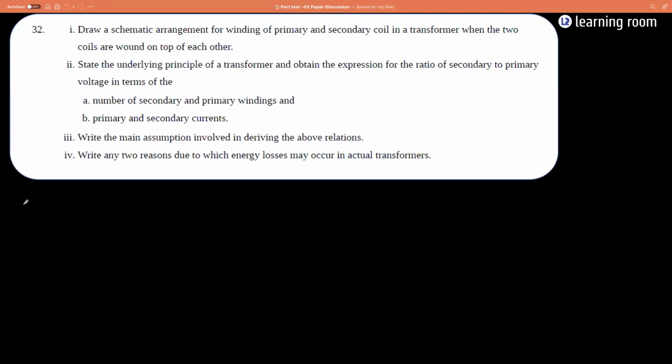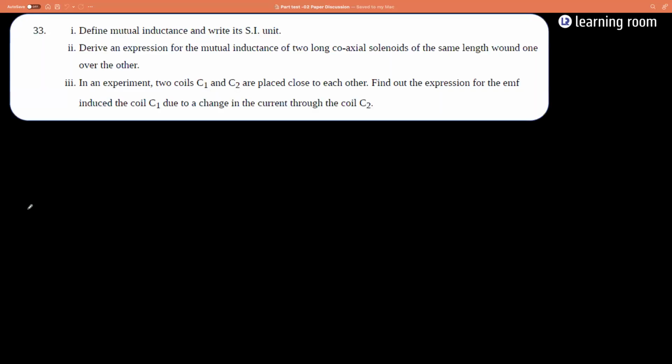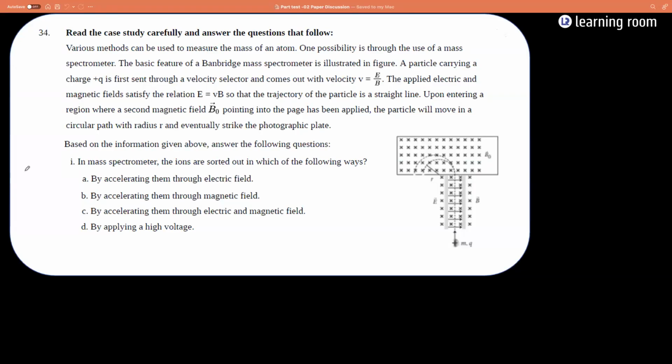This is again theory. You can refer to NCERT or videos. This is also NCERT, or you can refer to the videos. Answer.